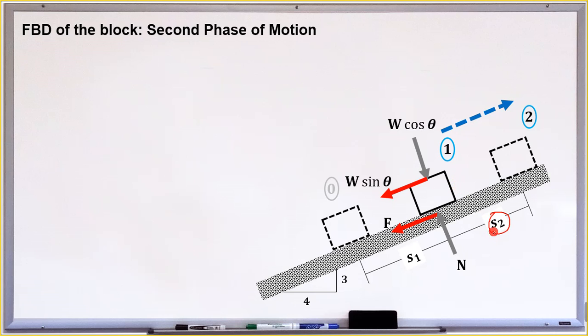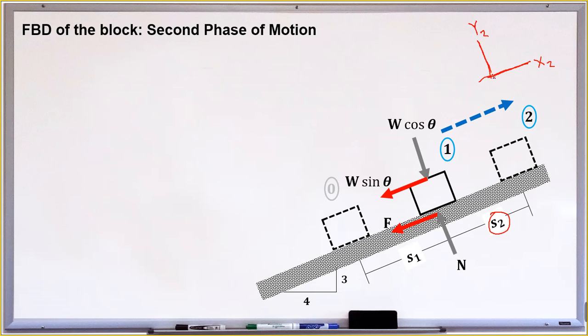So that is what we will find for the second phase. With this, we cannot use the value of the normal force from the previous FBD because they are not equal, since force P was removed. Oh, I think it is still equal, sorry. It is still equal even if force P is removed, because if you take the summation along the normal axis, let's say this is x2 and this is y2.